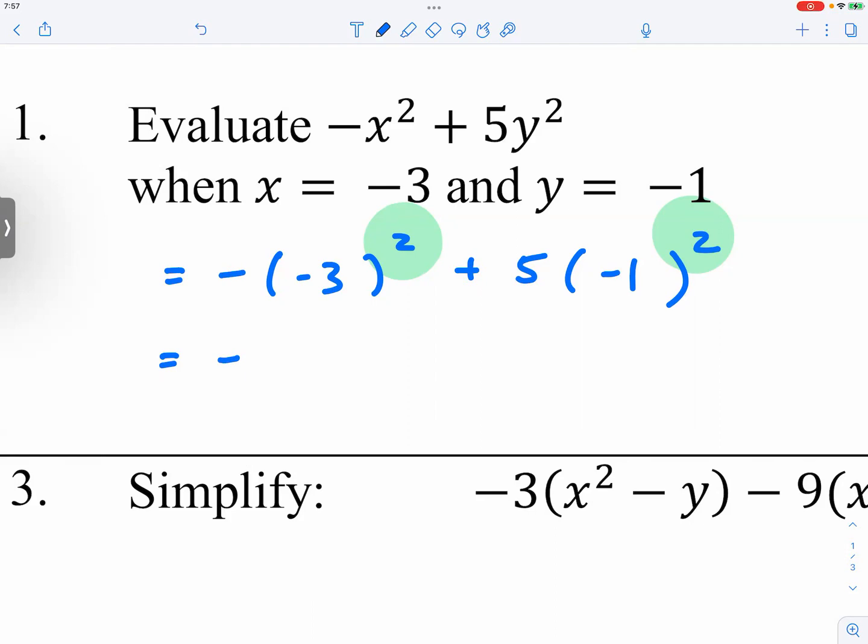You take care of those first. So you have -3 squared, which is what? Is it 9 or is it -9? Inside the parentheses, what do I write? 9, because -3 times -3 is +9. And then -1 times -1 is 1.